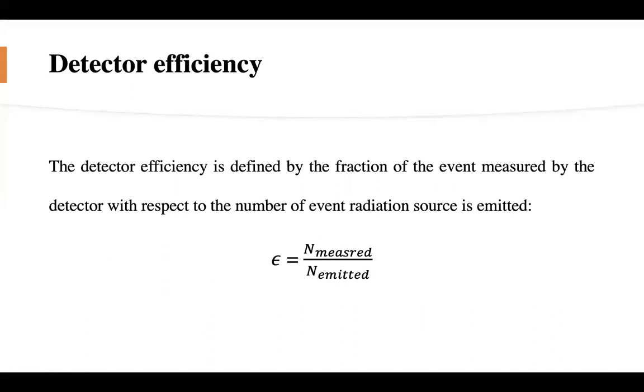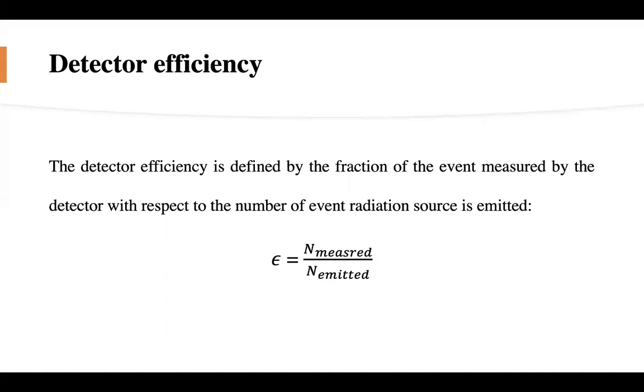So this is the equation: the number of events or interactions recorded by the detector compared to the number of events emitted by the source.